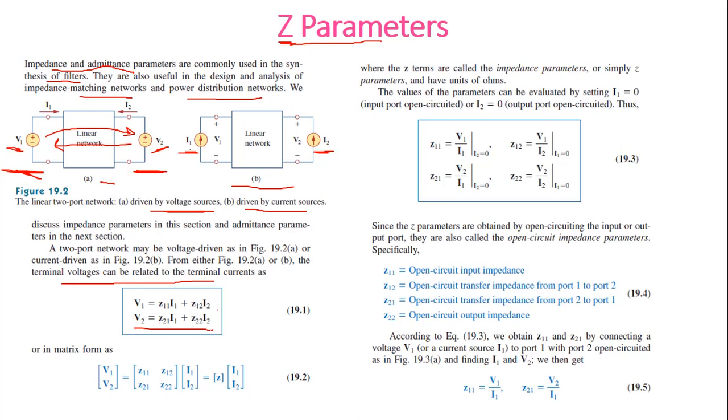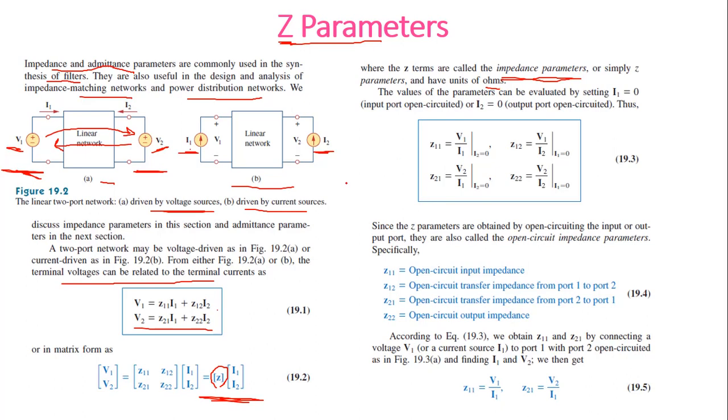These are the equations relating the terminal voltages and currents. In matrix form, this can be written as [V1 V2] equals [Z11 Z12; Z21 Z22] into [I1 I2], where Z is called the impedance parameter matrix. It has a unit of ohms because it is impedance.